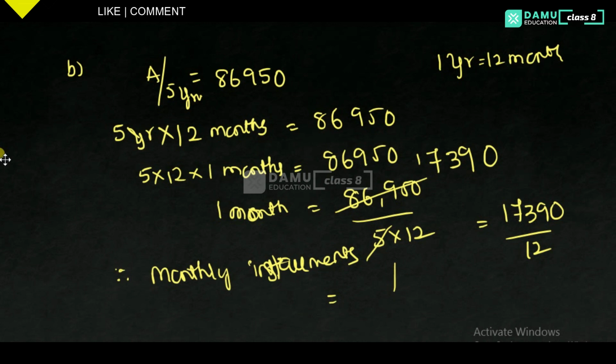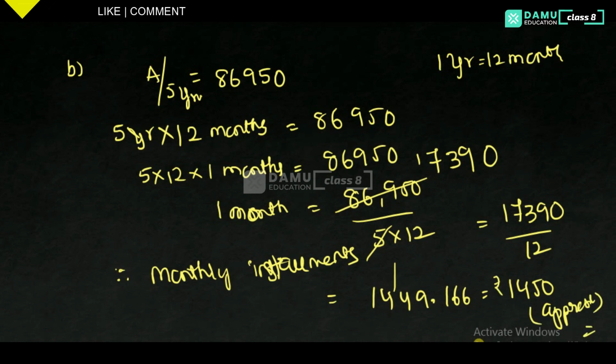What you will get is 1,449.166, like that. Then it will be around 1,450 rupees. This one you can take as approximately 1,450 rupees. We have to pay 1,450 rupees every month.